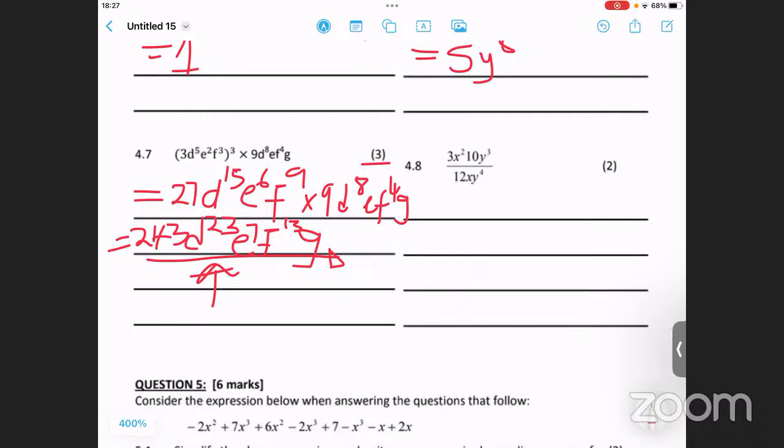I got 5x. And then over 12 to the power of y to the power of minus 4 minus 3. I got 2y. So my final answer is 5x over 2y.